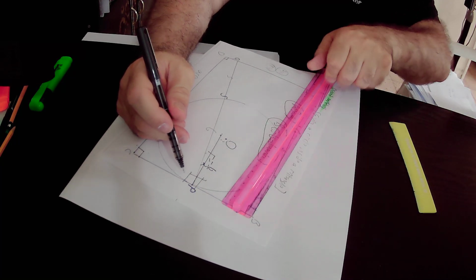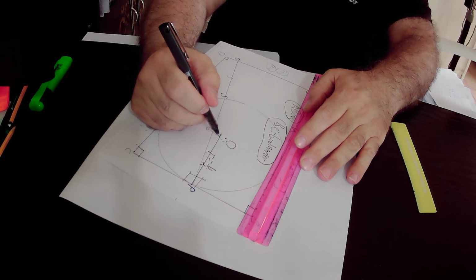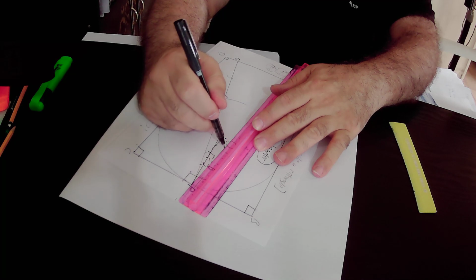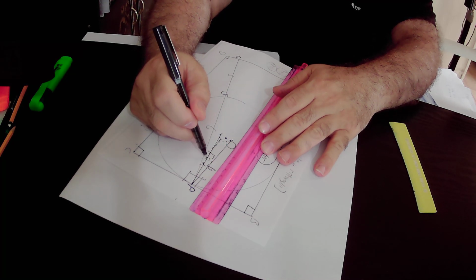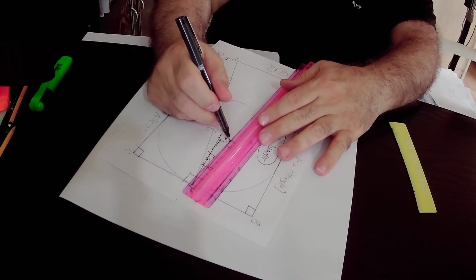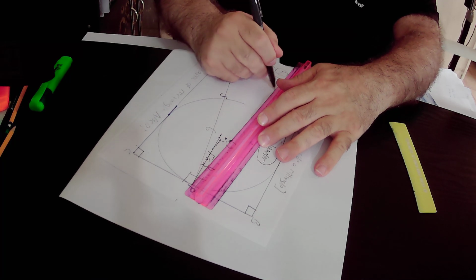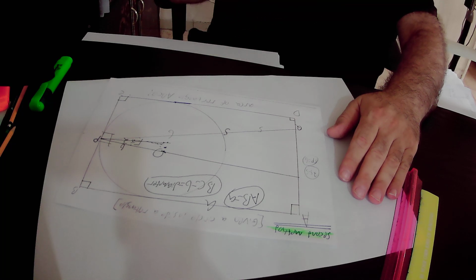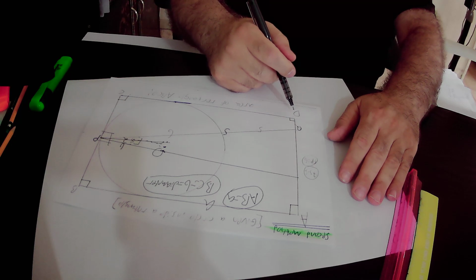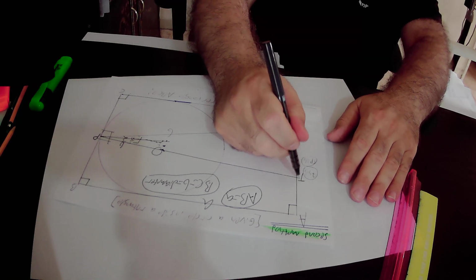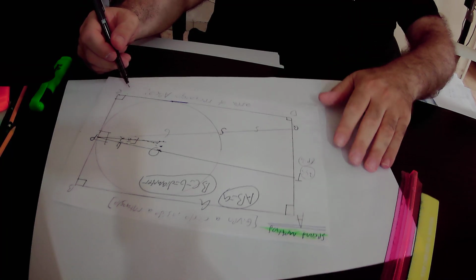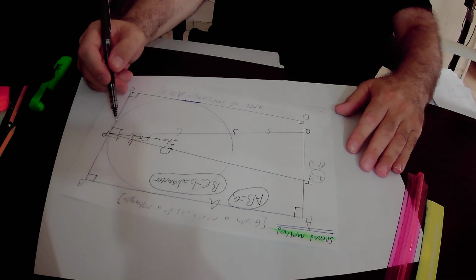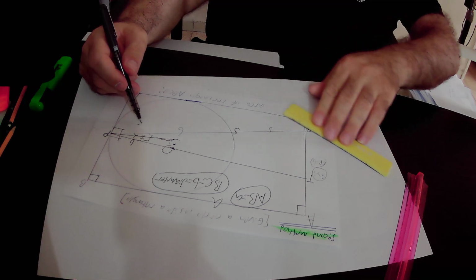In the next step, we'll extend the radius PO until it intersects with side AD of rectangle ABCD, and we'll define the touching point of the extended radius PO and side AD of rectangle ABCD as T. So inside quadrilateral ABTP, we have 1, 2, 3 right angles. And therefore, the fourth angle must also be equal to 90 degrees.